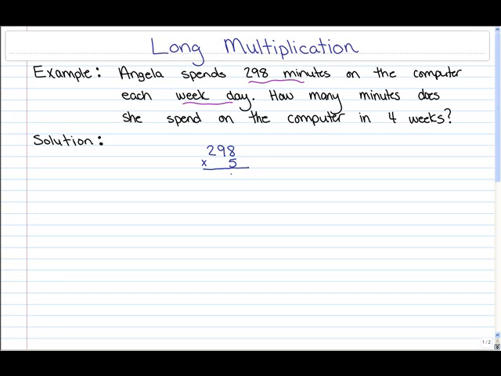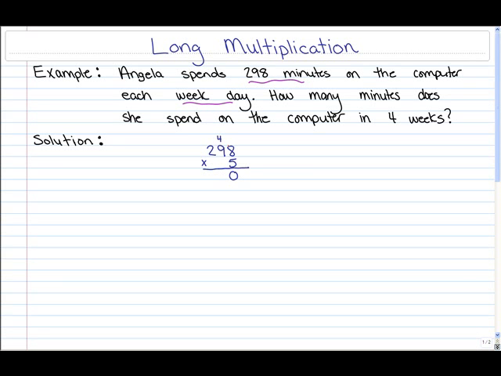So 8 times 5 gives us 40, and what we do is we write the 0 of the 40 underneath the 5, but we carry the 4 forward to the next digit in the multiplicand. So we put the 4 on top of the 9, because the 9 is the next digit in the multiplicand.